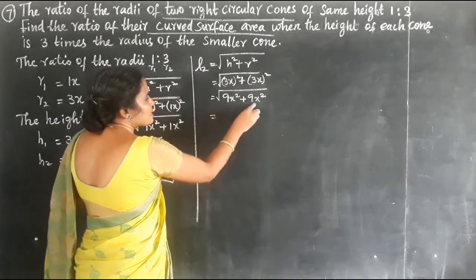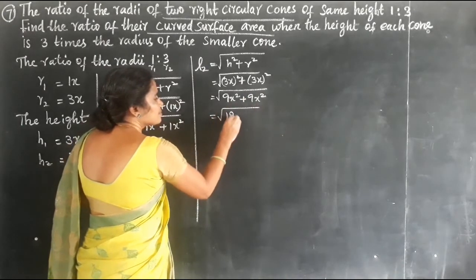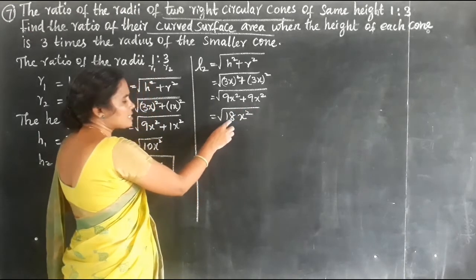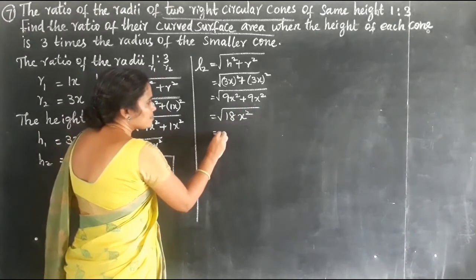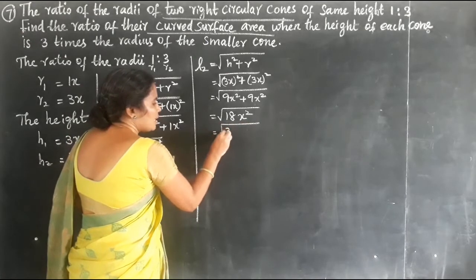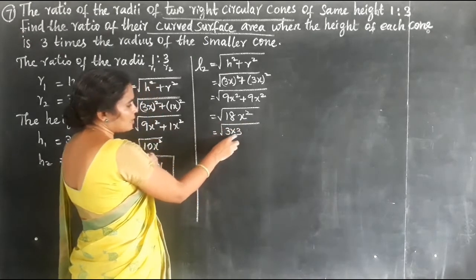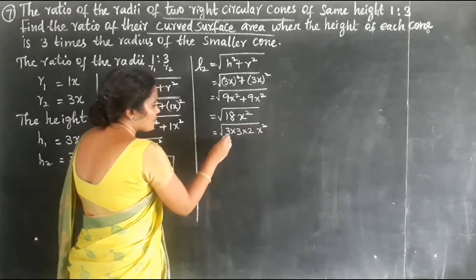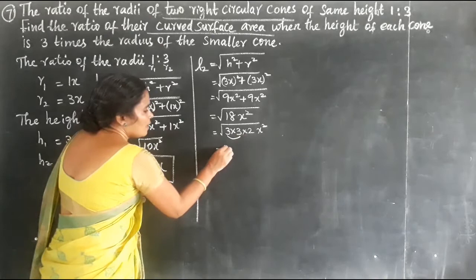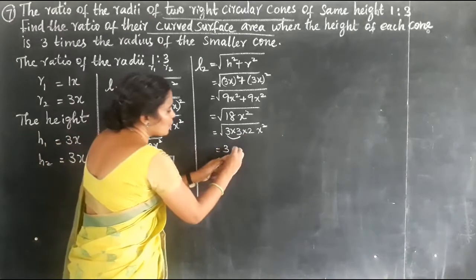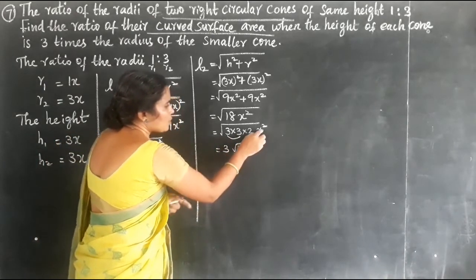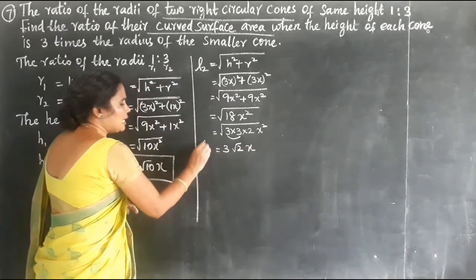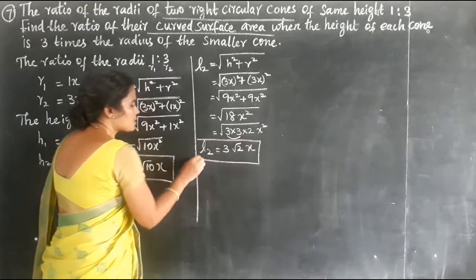So add 9 plus 9, 18x square. Now if you expand, 9 2s are 18, so 3 into 3, 3 3s are 9. 9 into 2 x square. Here 3 into root 2. X square cancels, we have x. So 3 root 2 x. L2 is equal to 3 root 2 x.